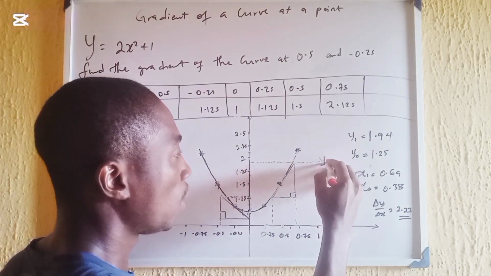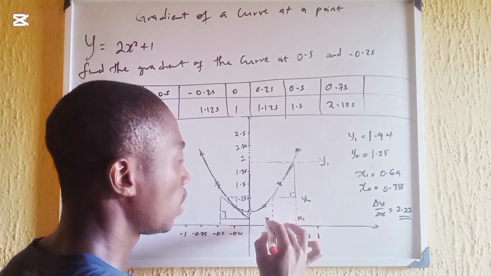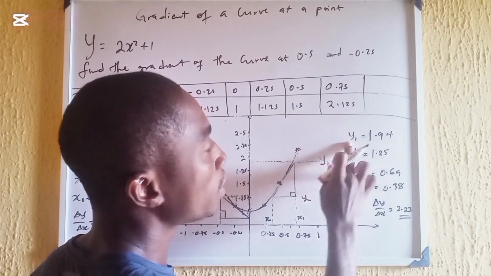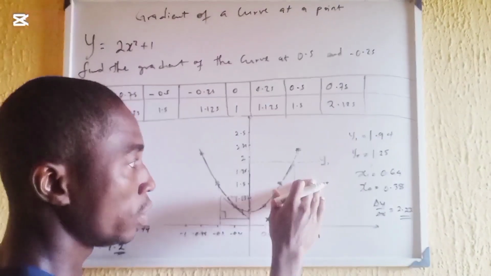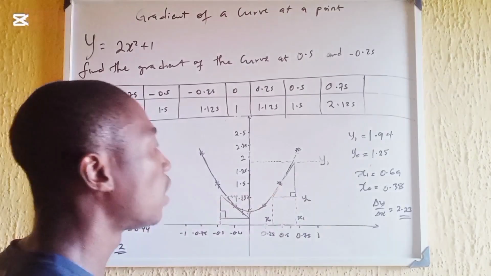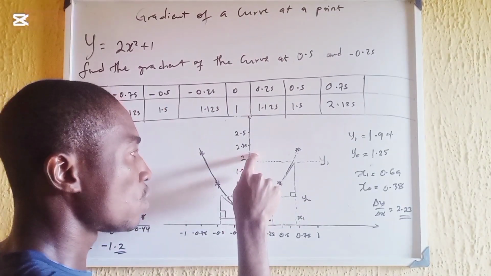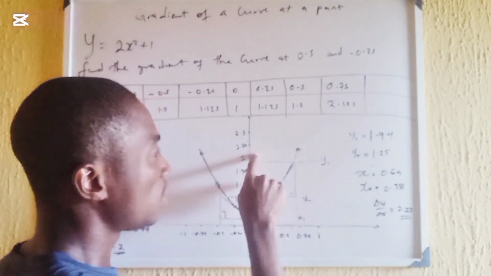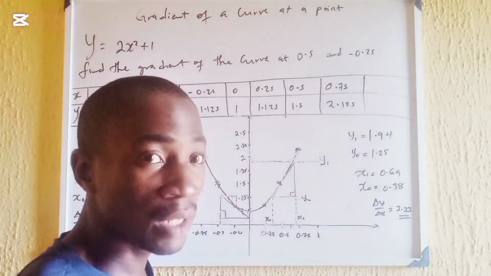So here's my y1 and here's my y0. Here's my x1 and here's my x0. So y1 is approximately equal to 1.94. This is a graph I plotted on the board, so you don't expect it to be very accurate. So what do we have? Check this 1.75 and these two. So between this and this, we have our y1 here, and this is approximately 1.94 from my own estimation.